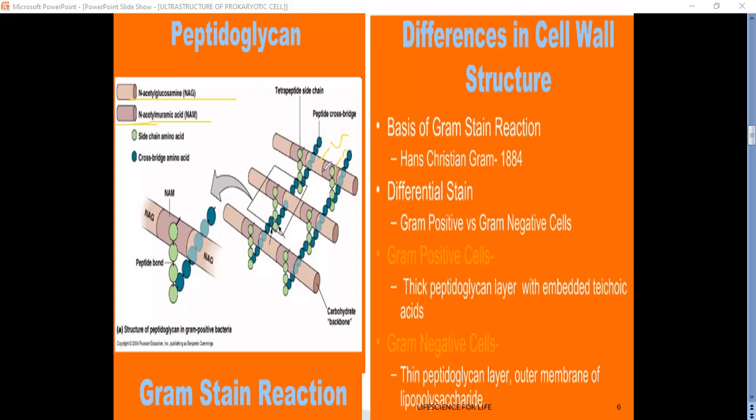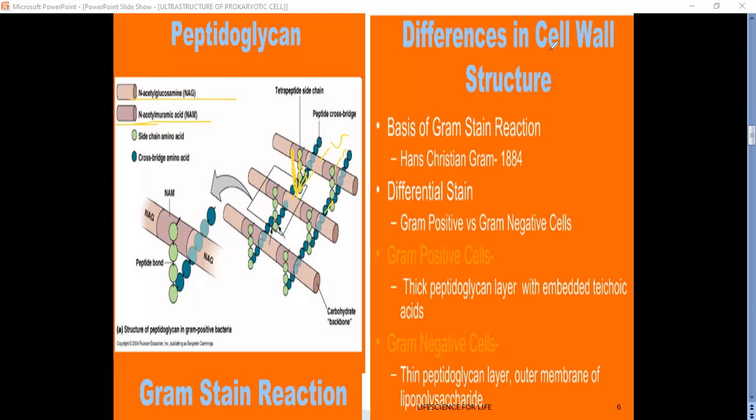And each N-acetyl muramic acid is linked to 4 amino acids here: 1, 2, 3, 4 amino acids. And from this one to the next one, it is linked by the pentaglycine bridge. For example, if this one has 4 tetrapeptide side chains and this one has 4 chains, these two are linked with the pentaglycine bridge structure.